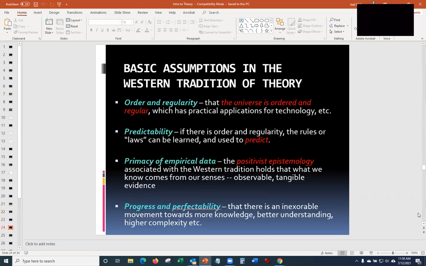So theory, as we think about it here in the West, these theories and models really line up with the Western tradition of thinking about science in terms of the universe being ordered and regular. It's predictable.